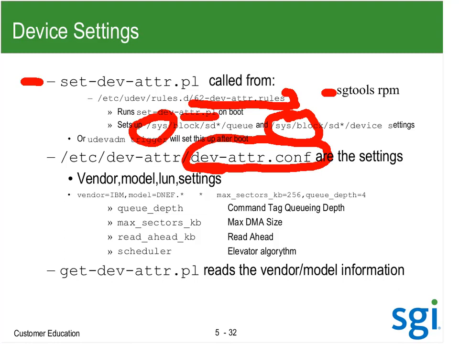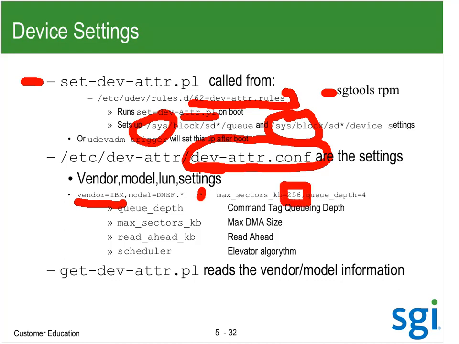Right now it can only work on devices. It will not work on XVM, and I've got an RFE to allow it to work on XVM. So in this example, I've got vendor equals any vendor that is IBM, any model that is a DNEF, and any LUN coming from it is going to have max sector K bytes.